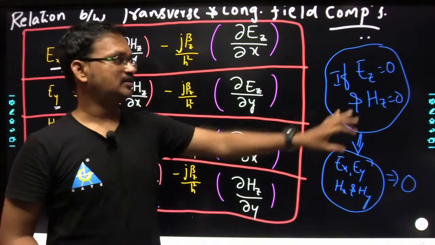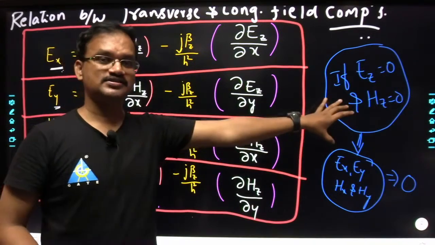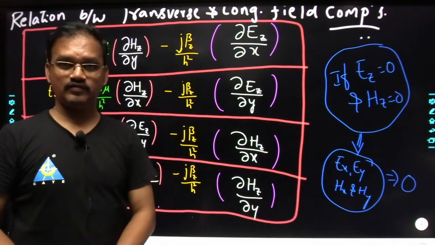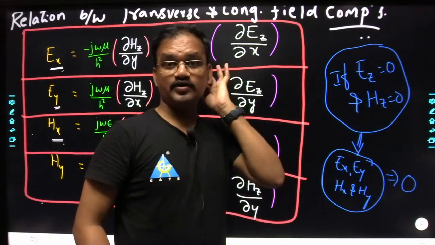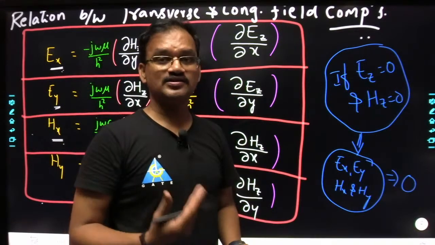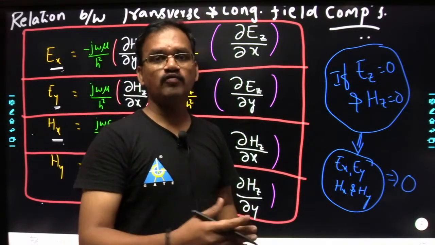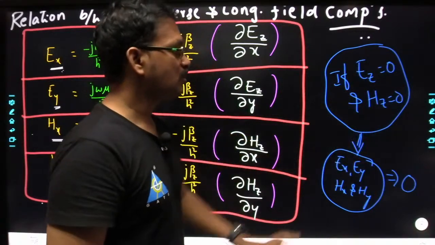If it happens, then all the field components will become 0. There will be no fields inside the waveguide, which means there will be no wave propagation inside the waveguide, right? So this is not at all possible here.